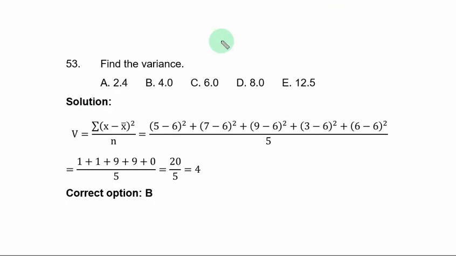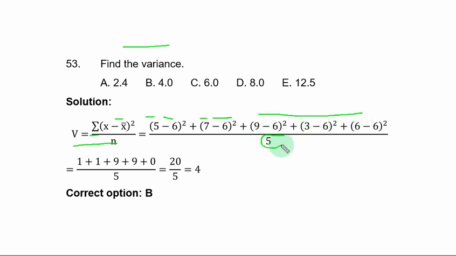Question 53. Find the variance. For ungrouped data, you can obtain the variance using this formula. Summation means addition, so you subtract the mean 6 from each data, then you square, plus the next one. So the first one is 5 minus 6, you square it, plus the second one is 7 minus 6, you square it, and so on, over 5.